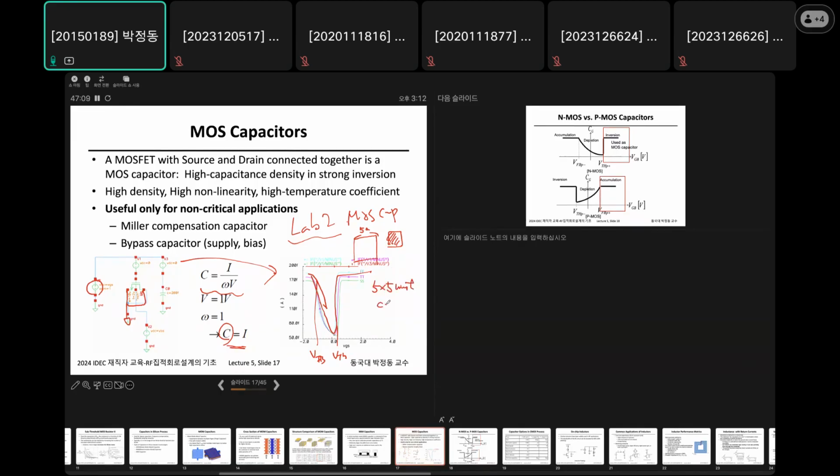For the MOSFET with a 5 by 5 unit cell, just extract C as a function of VGS. Okay, this is Lab 2.